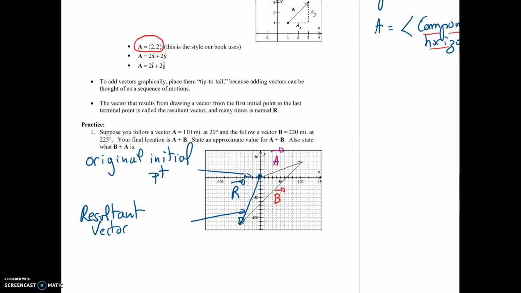And what do we have right here? So basically, we suppose you follow a vector A, magnitude 110 miles at 20 degrees, and then you follow a vector B, 220 miles at 225 degrees.